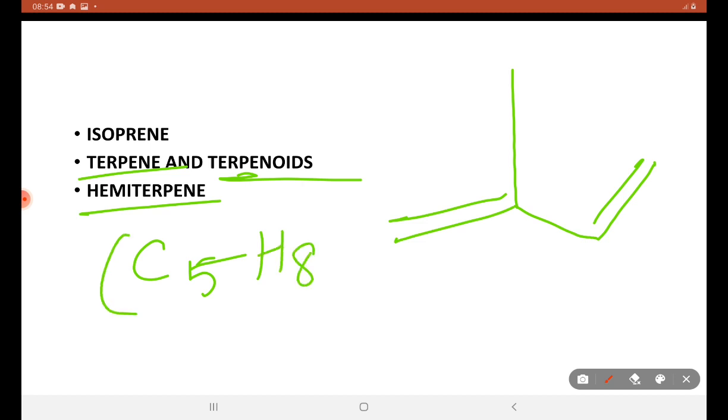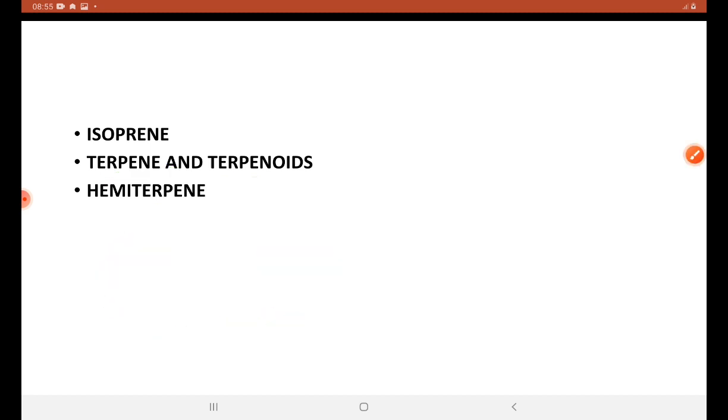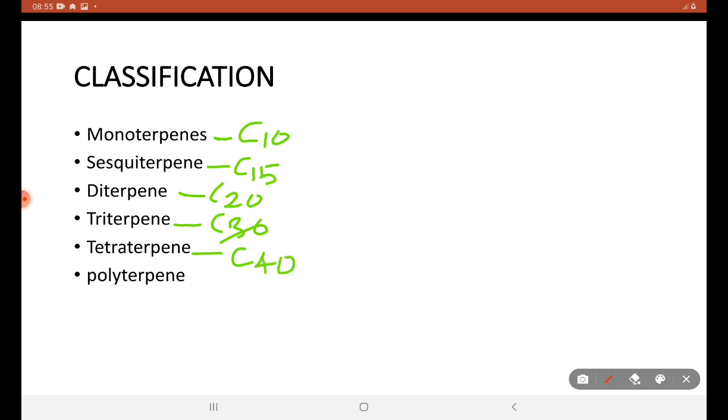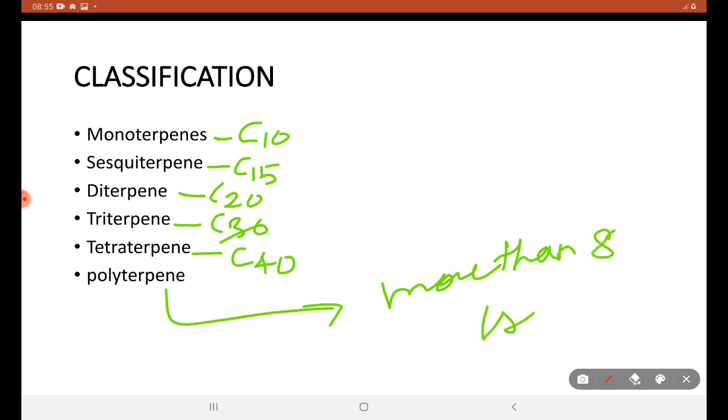Monoterpene has 10 carbon atoms, sesquiterpene 15 carbon atoms, diterpene 20 carbon atoms, triterpene 30 carbon atoms, tetraterpene 40 carbon atoms, and polyterpene is more than 8 isoprene units.